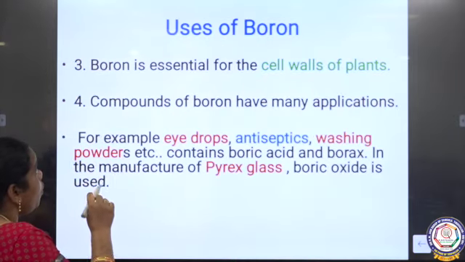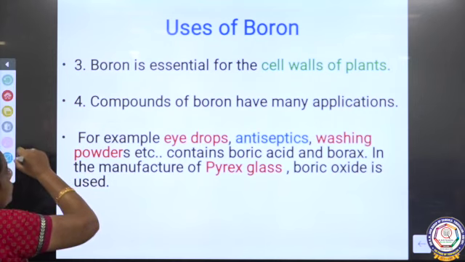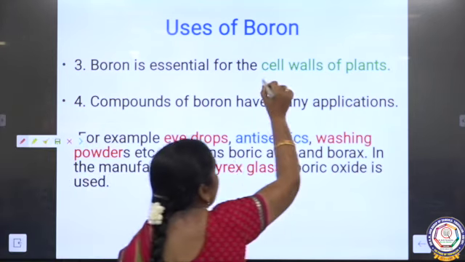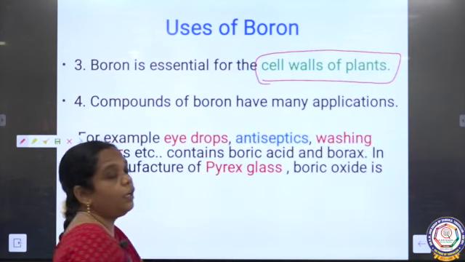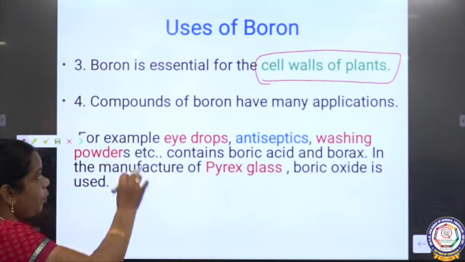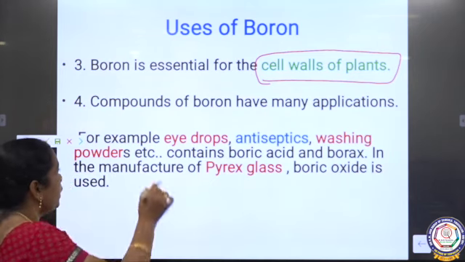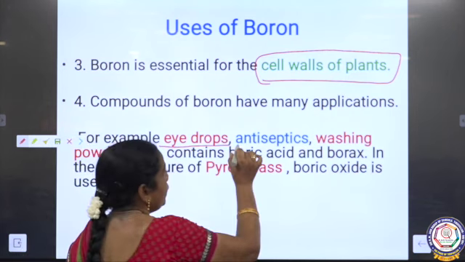And next, boron is essential for the cell wall. One of the minerals required for the formation of the cell wall of plants is boron. The compounds of boron have many applications. They are used in eye drops and as antiseptic.